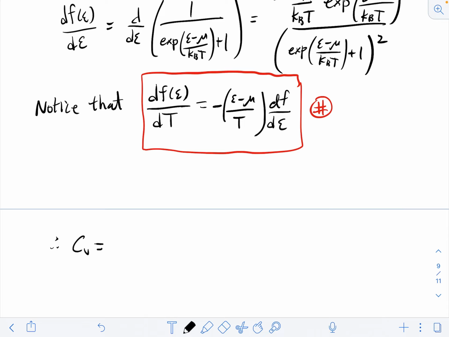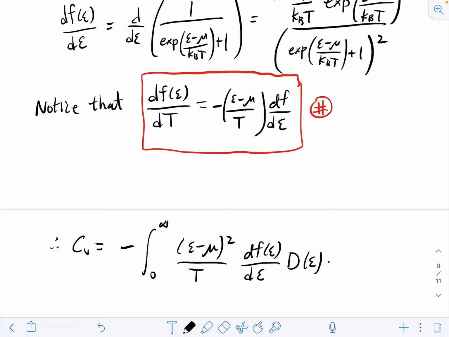So our heat capacity then is going to be, there's an overall negative sign now, integral 0 to infinity. We already had a factor of epsilon minus mu, but now we get another one, so it's going to be squared. We pick up a 1 over T, and instead of df dT, we have df d epsilon. Then we have the density of states times d epsilon.